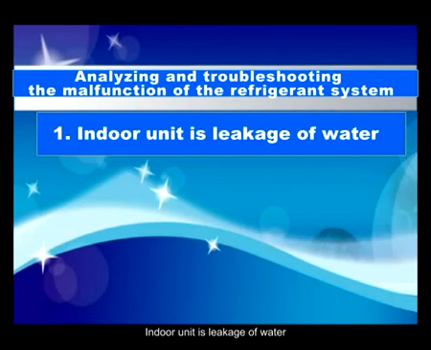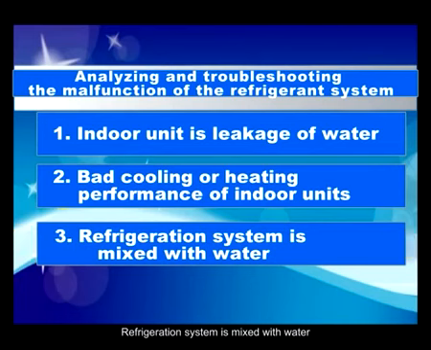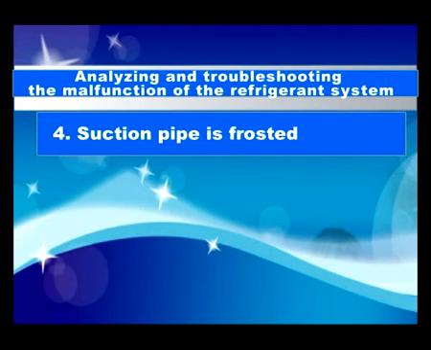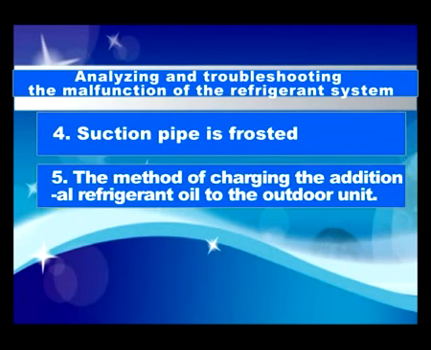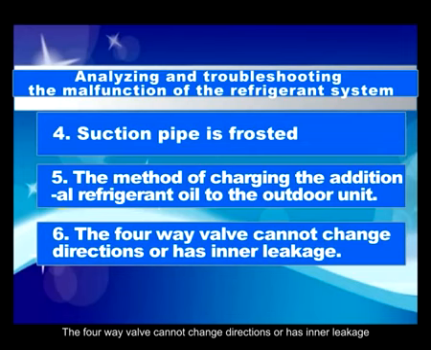Indoor unit is leakage of water. Bad cooling or heating performance of indoor units. Refrigeration system is mixed with water. Suction pipe is frosted. The method of adding additional refrigerant oil to the outdoor unit. The four-way valve cannot change directions or has inner leakage.